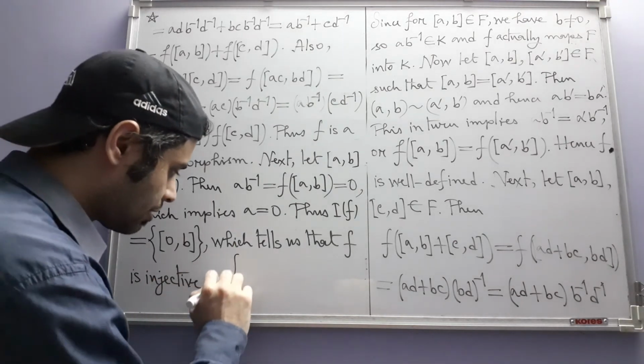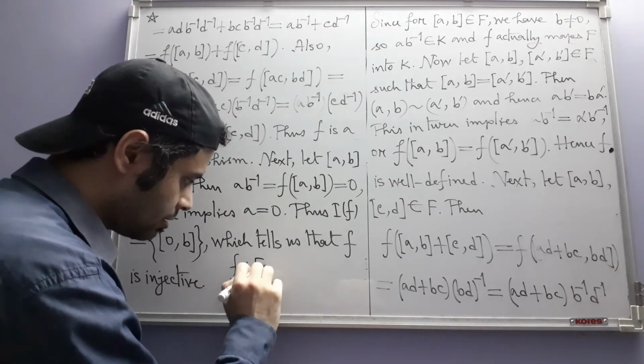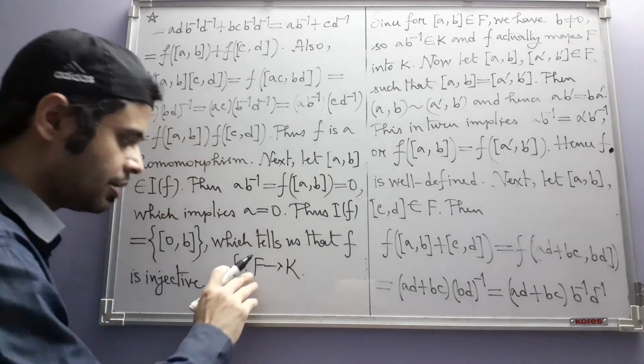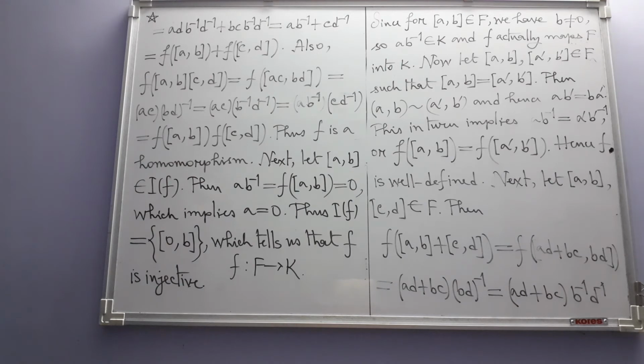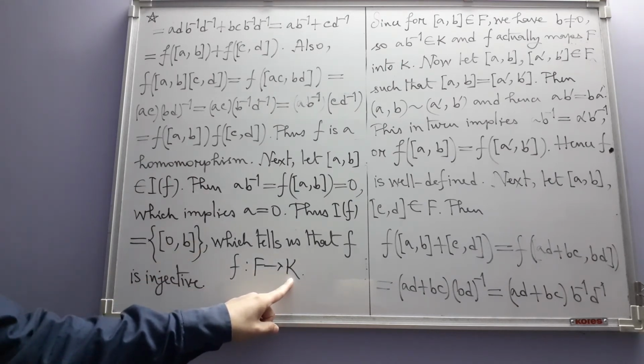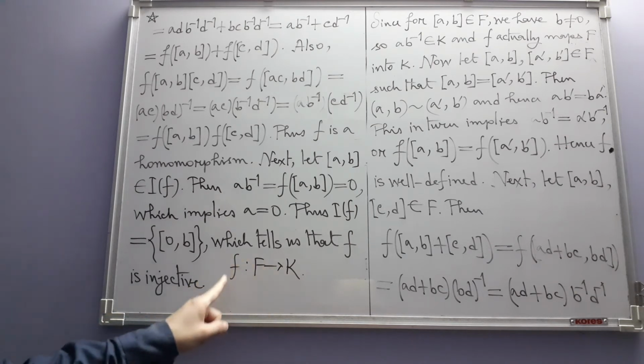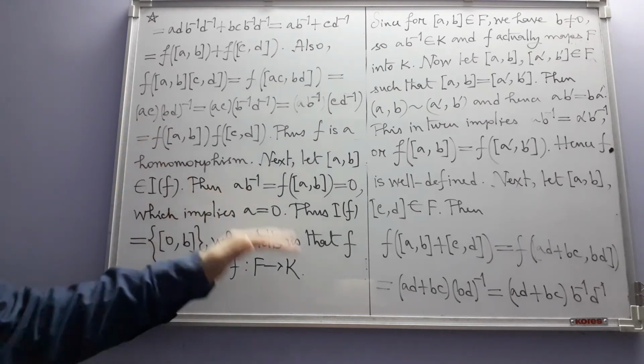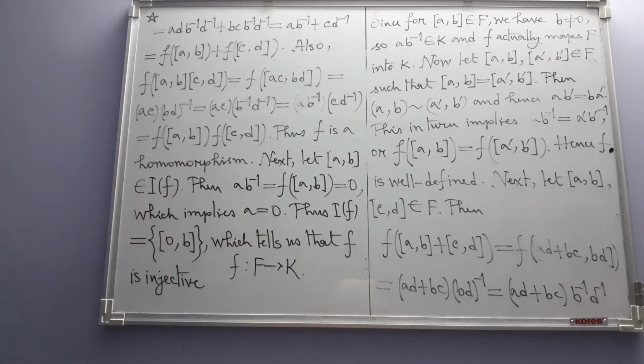Now, since our function f maps a field into another field which clearly have unit elements, we have to show that the unit element in F gets mapped onto the unit element in K by small f, because otherwise, according to our definition, in spite of having an isomorphism, we can't call it an embedding.